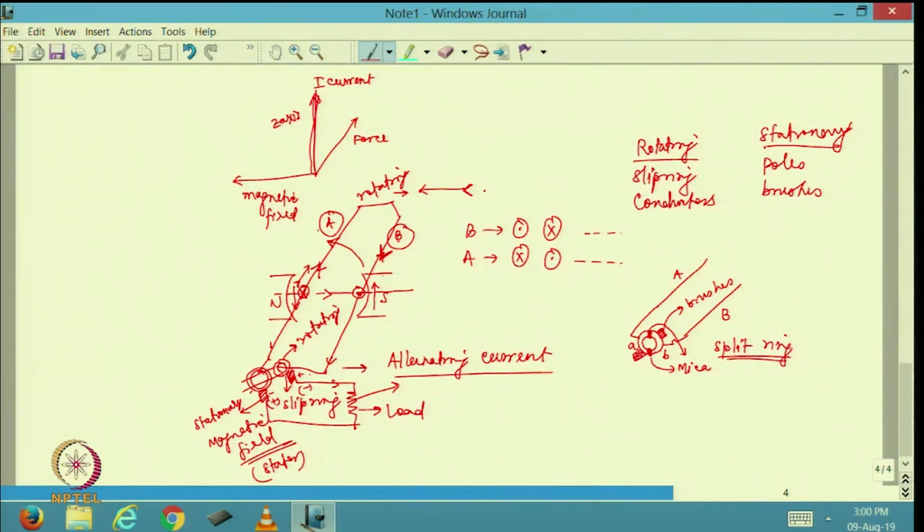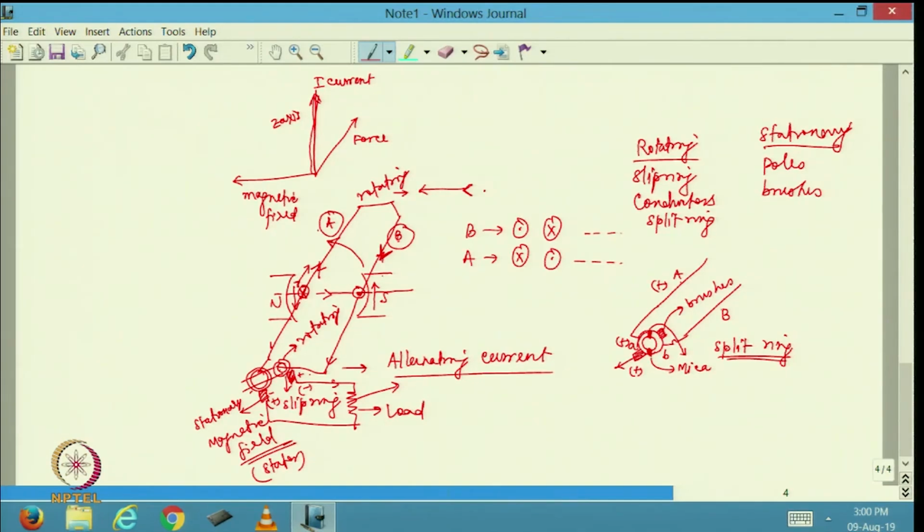So, now the split ring will be rotating. Whenever A is under the influence, the split ring portion of A is also going to be positive. Whereas, the brush which is connected to this particular split ring portion A is fixed stationarily. So, that will also be connected to the positive side.